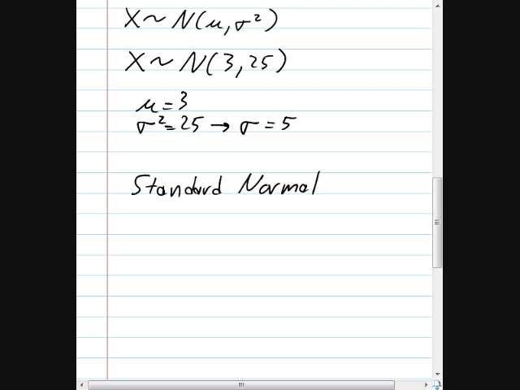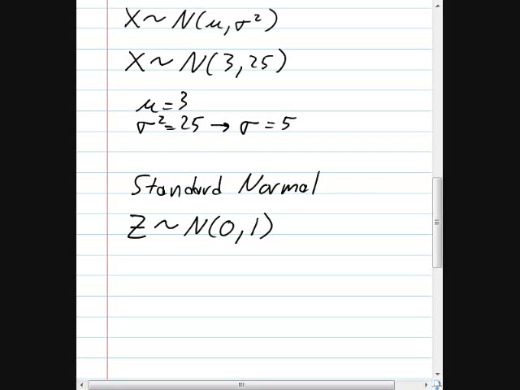The solution is that we have a specific normal random variable which we call the standard normal. We'll use Z instead of X when we want to represent the standard normal. Z is distributed as a normal random variable with mean 0 and variance 1. So the standard normal has a mean of 0 and a variance of 1. If the variance is 1, then the standard deviation is also 1.